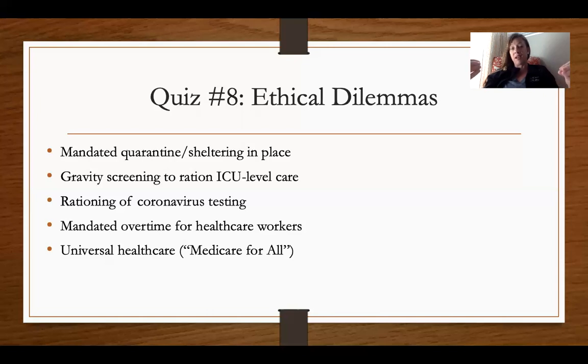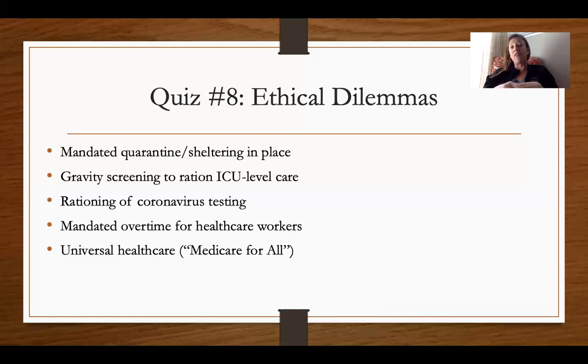I just talked about the second one, rationing of coronavirus testing. This is something that we've been doing because we just don't have enough testing kits and supplies in our country. So for those of you in this discussion, I want you to explore why that is the case. Just a little hint, that has a lot to do with the way that our government has not funded pandemic resources in the past.